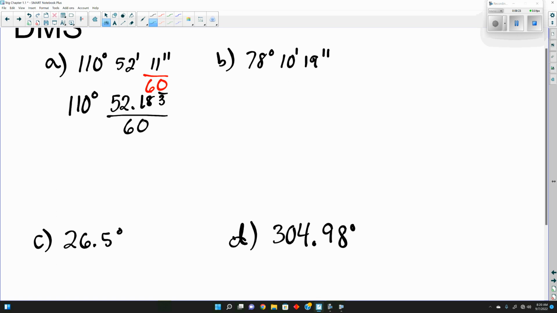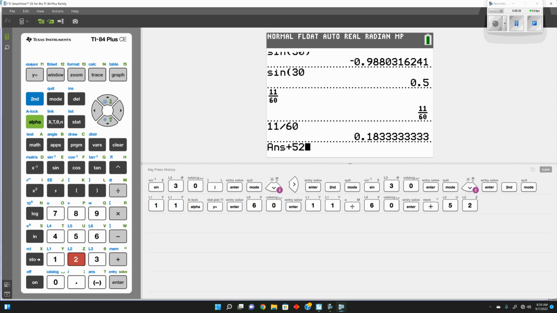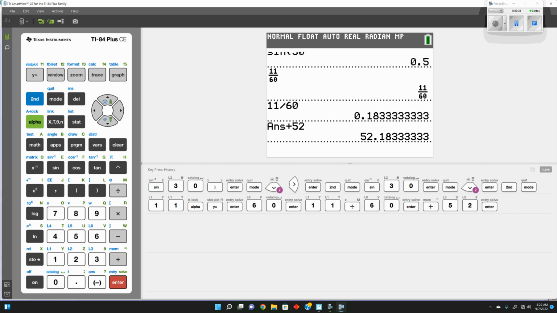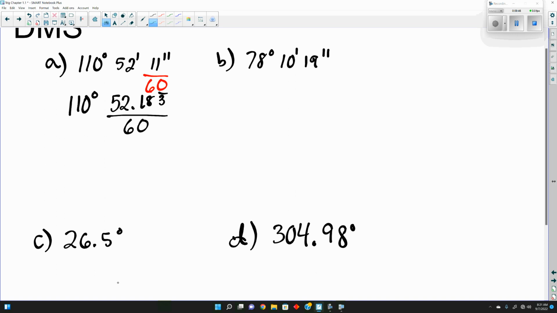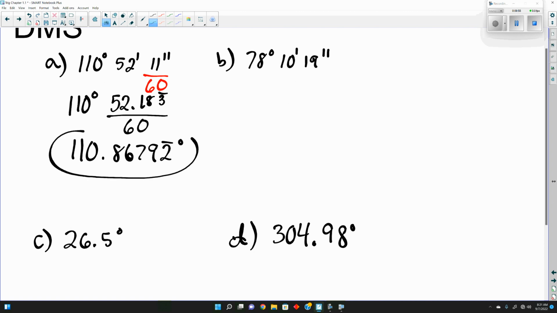So on the calculator, we can say plus 52 and divide that by 60. So we get 0.86972 repeated. So that there would be the angle in degrees.